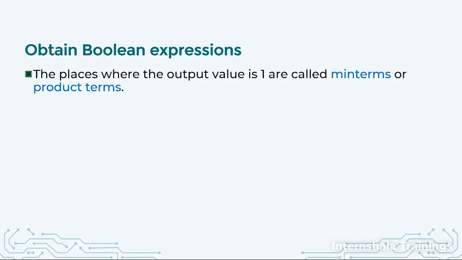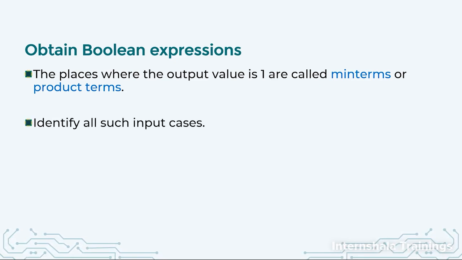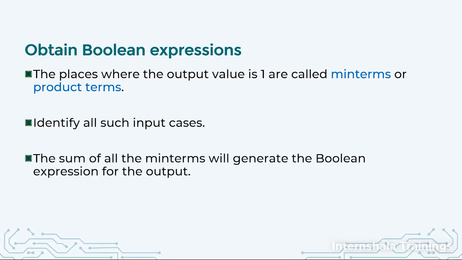This thing we discussed in the previous video also, that whenever we have the output value as 1, those cases will be considered as minterms. We are going to identify all such cases, and we are going to get a sum of product kind of Boolean expression.